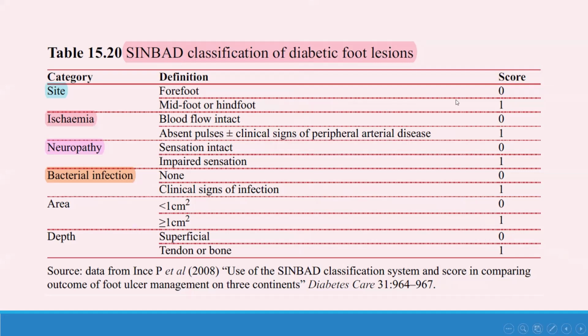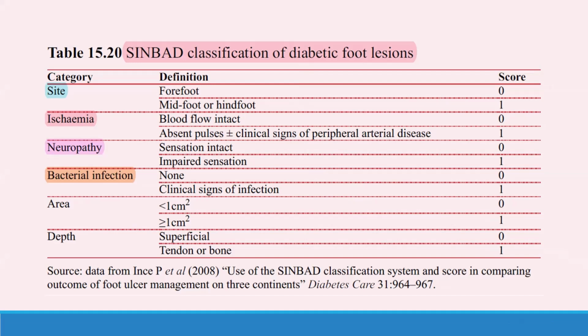And we have a specific scoring system. The site, whether it is forefoot or midfoot or hindfoot, will take 1 score. Ischemia, if blood flow intact 0, or absent pulses, it will take 1 point. Neuropathy, sensation intact 0, impaired sensation 1. In bacterial infection, if none, 0. If clinical sign of infection, 1.